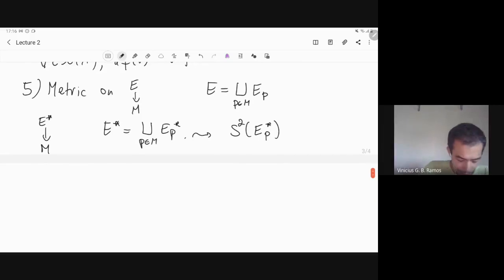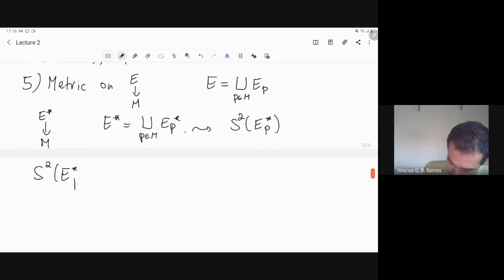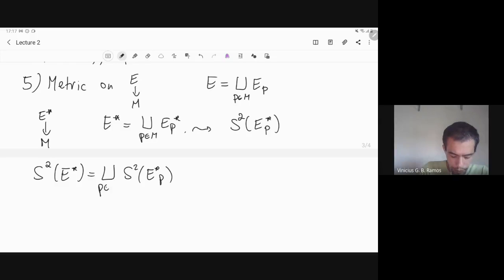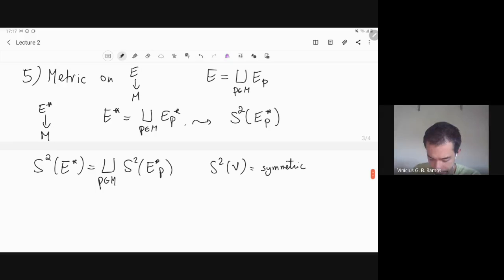So what is S2 of E star? S2 of E star is the union of S2 of E star p. So S2 of a vector space is just the set of symmetric two forms.